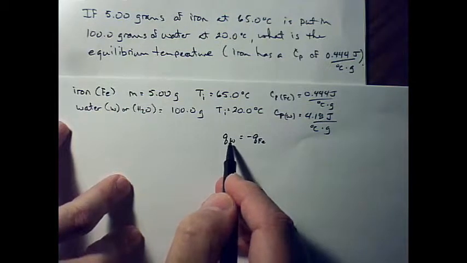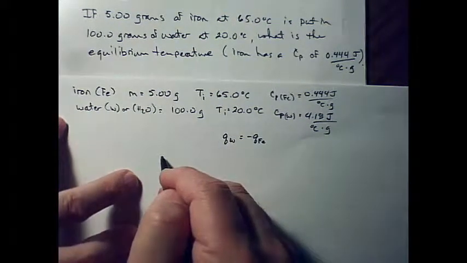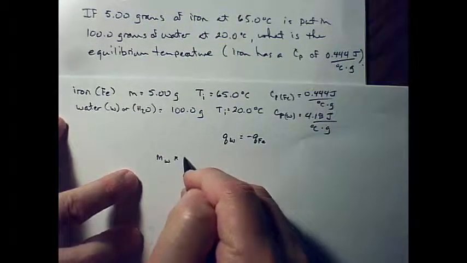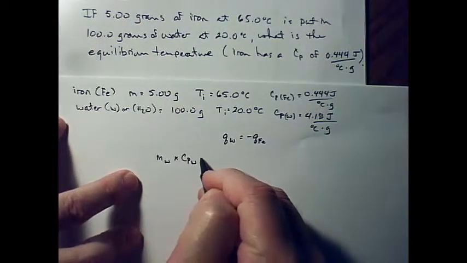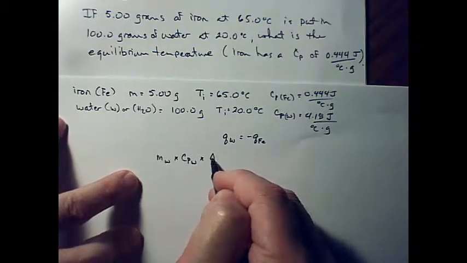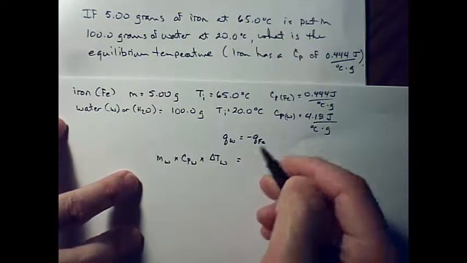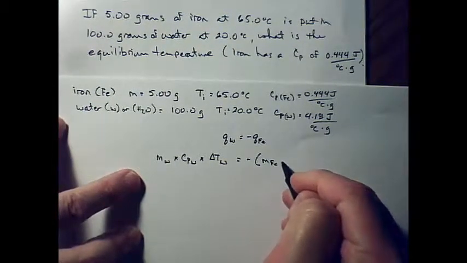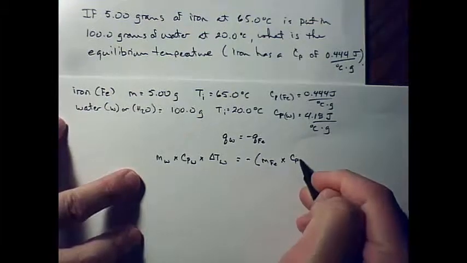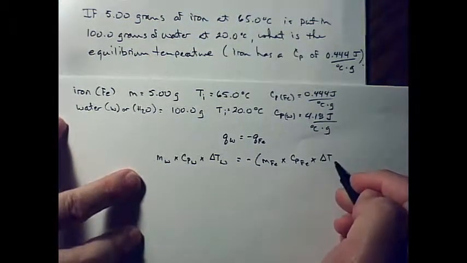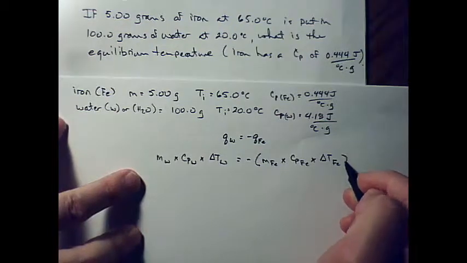And the equation here we're going to be using is mass for water times specific heat for water times the change in temperature for the water is going to equal the negative of the mass for iron times specific heat for iron times the change in temperature for the iron.